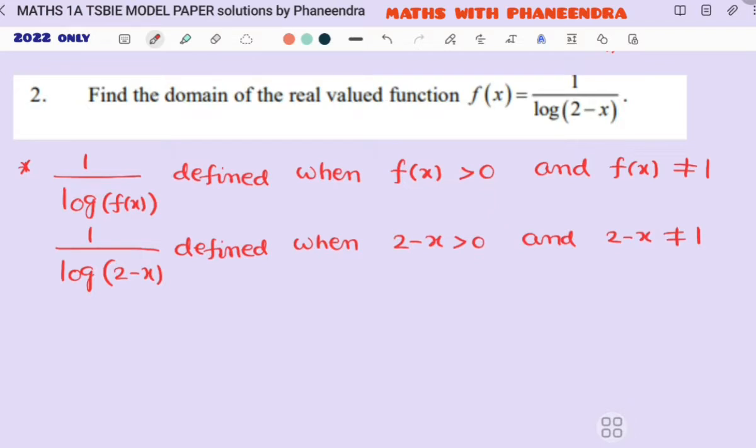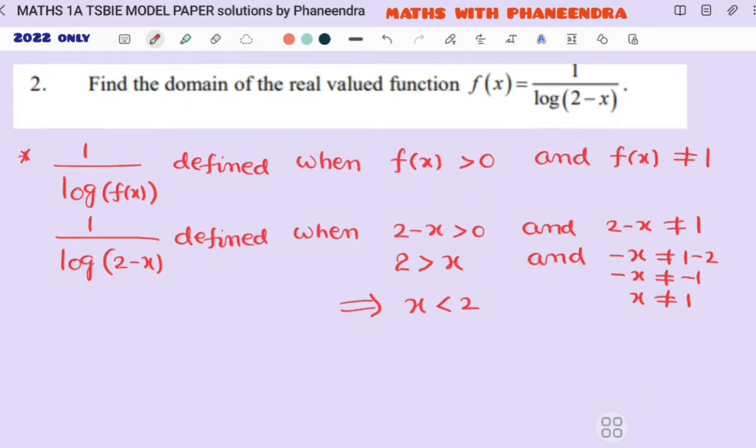This is the way you can write it. After that, 2 minus x greater than 0 means 2 is greater than x, and 2 minus x not equal to 1 means minus x is not equal to 1 minus 2, minus x is not equal to minus 1. So x is not equal to 1. Next, 2 is greater than x, that implies x is less than 2.